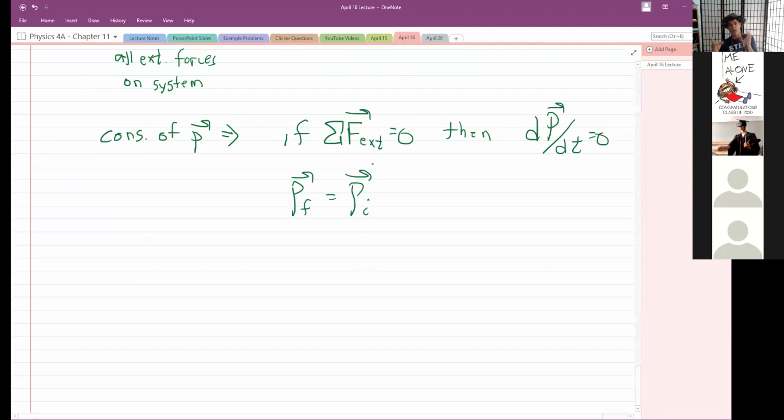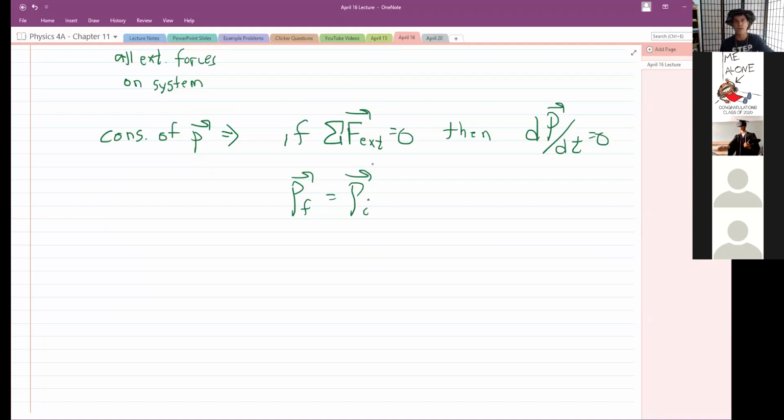And let me tell you, conservation of momentum is really, really useful because I can use conservation of momentum during collisions. And the reason it's so useful is we know that during a collision, heat is generated. So it's really hard to use conservation of energy when I have objects physically colliding together, because it's hard to figure out exactly how much heat was generated, how much energy was lost to sound, and so on.